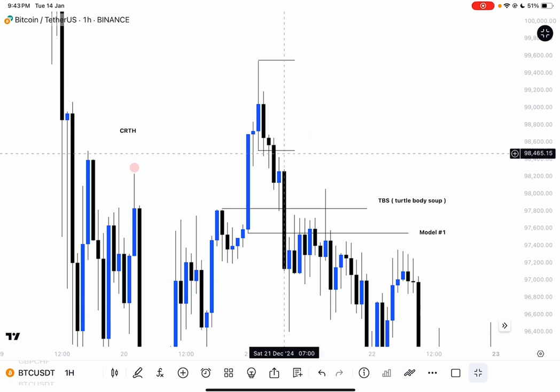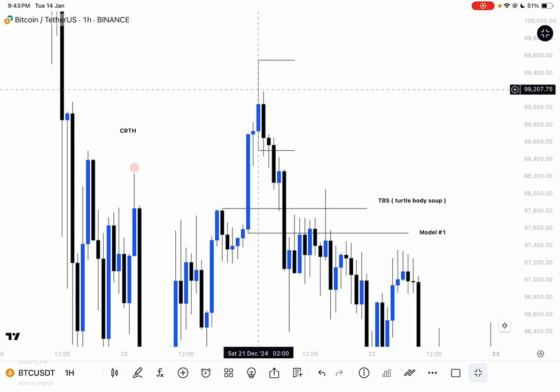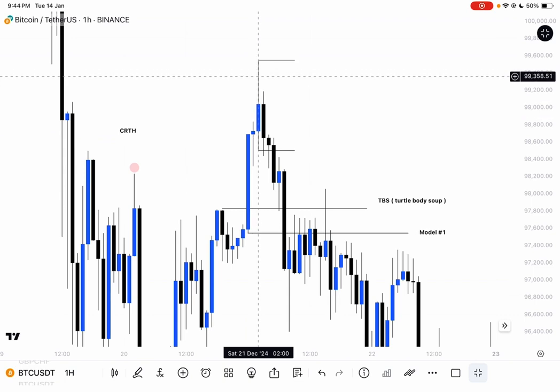And one more thing, in some cases you will get a 1 or 2 point difference. Suppose the wick will be 0.55, just imagine. Listen very carefully. In some cases the wick will be 0.55 and the body will be 0.50.